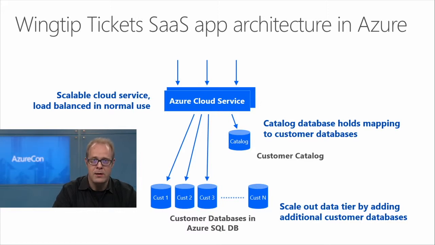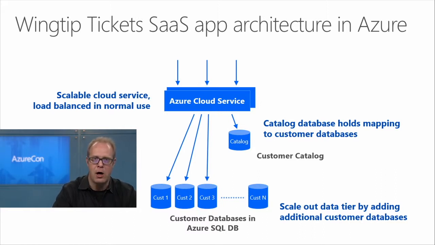So as new tenants get onboarded into your application, you can scale the data tier by simply creating a new database for each tenant that you onboard, and that gives you additional capacity, additional resources for each tenant. Also, you can adjust the capacity and the resources individually for each tenant by changing the performance tier for the database that's hosting the tenant's data.